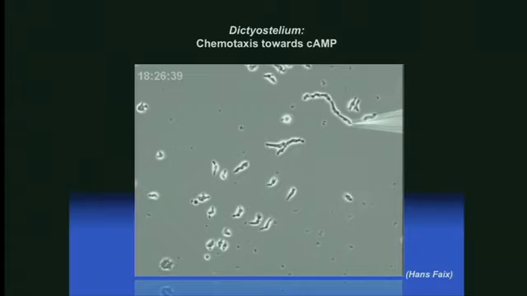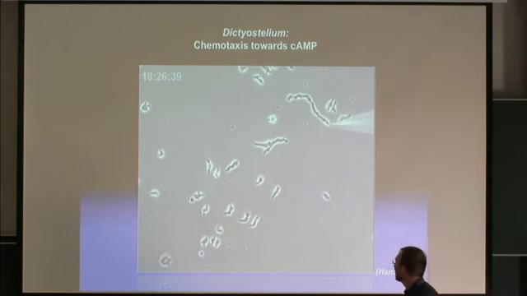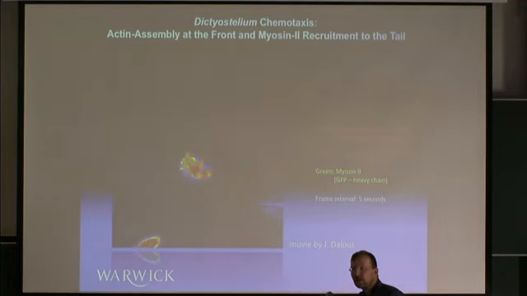And from these phase contrast images, you see as soon as cells start responding, they become highly elongated. If we look at a fluorescence image of actin and myosin, we see that the cell forms two functionally very distinct ends.